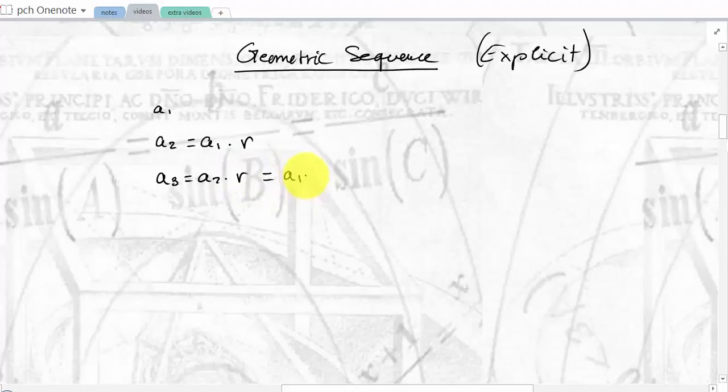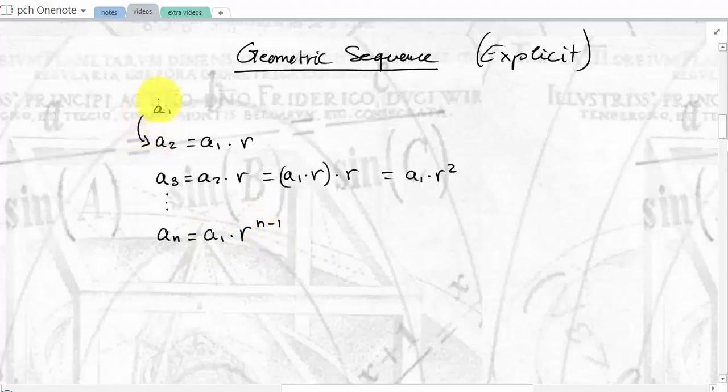But that is just A1 times R times R. That's A2 right here. So it is A1 times R squared. This should ring a bell. We've done the same kind of derivation when we looked at investment model. So An equals A1 times R to the n minus 1.